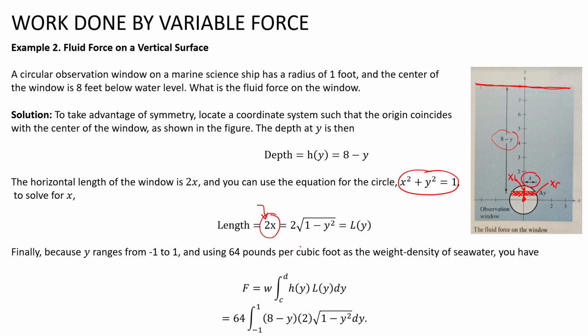So again, it's 2 times the square root of 1 minus y squared because isolating x, this becomes x squared equals 1 minus y squared. Then getting the square root, you have the square root of 1 minus y squared.